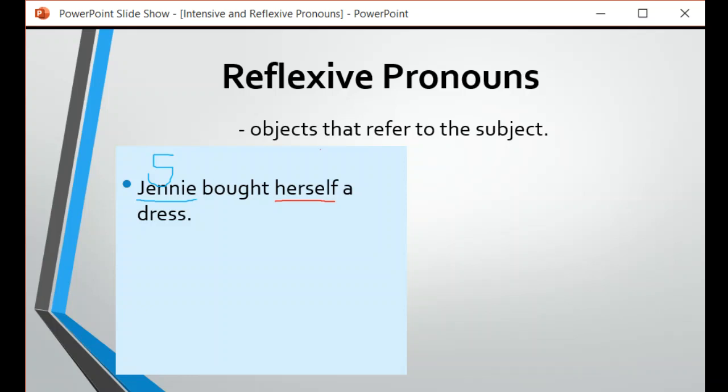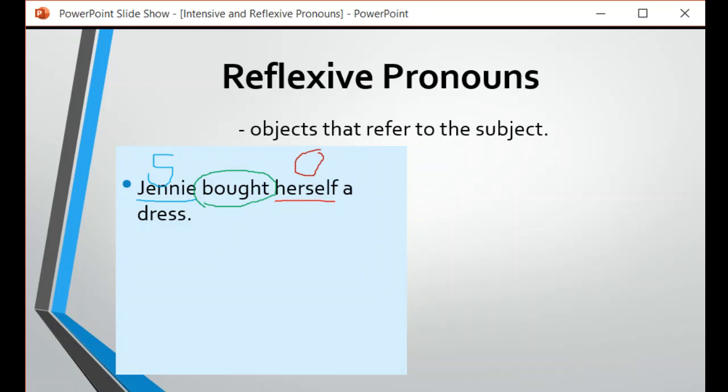So when we say, okay, so Jenny is the subject and herself is the object. The object is the part of the sentence that is receiving the action that was done by your subject. Ano ba yung bought? Bumili. Diba?